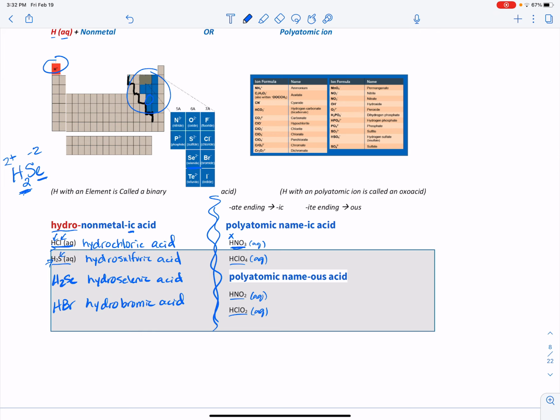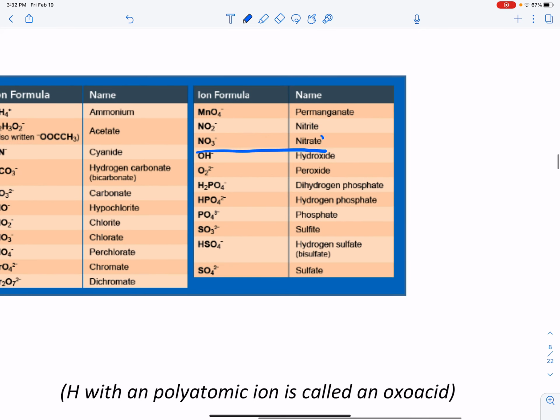So let's see, NO3 is right up here, and so it's nitrate. Do you see how it has an ATE? So the ending matters. ATEs are becoming ICs. So like ATE, that would be an IC. That would become an IC. That would become an IC. All of these endings that have ATE would become ICs when we're talking about acids. There's some over here too, on the left-hand side.